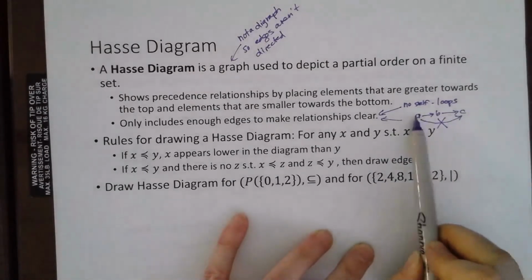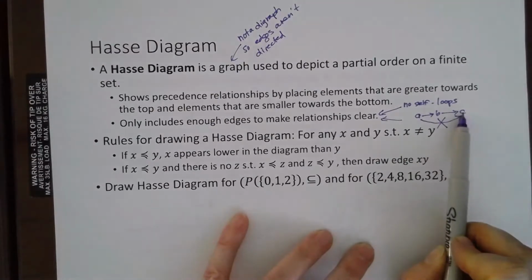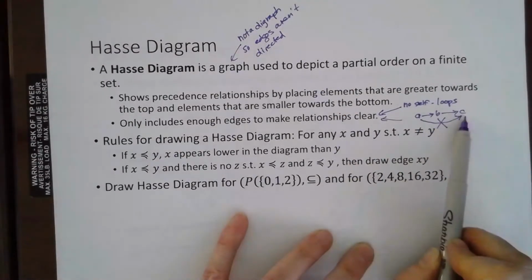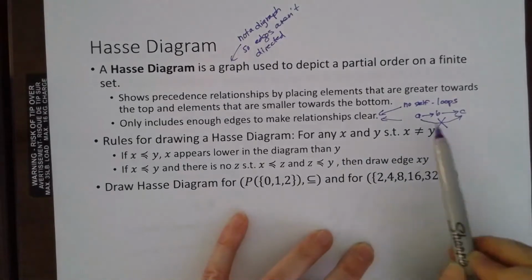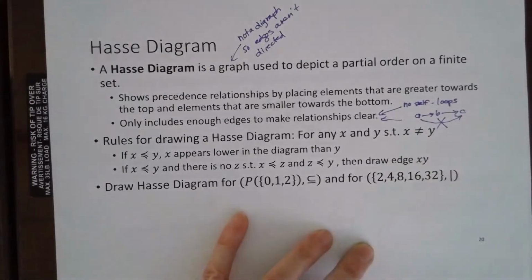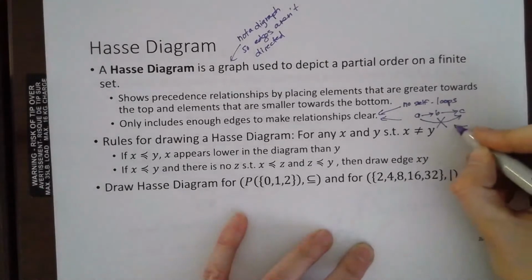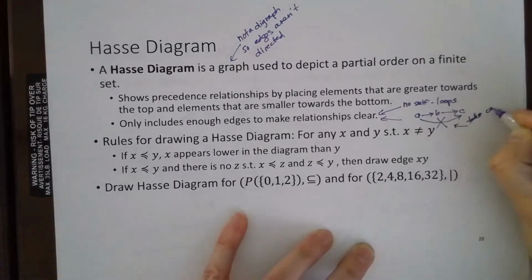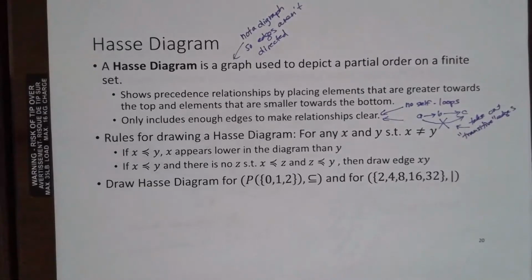If I know that A is related to B and B is related to C, well, it's a partial order, it's transitive, so A has to be related to C. And I'll get that idea when I see the path that goes from A to C. So I'm going to take out these transitive edges, as I'll call them. Those will be implied by the diagram. So we'll take out the self loops, and we'll take out all these extra transitive edges that can be implied by what's already in the rest of the diagram.